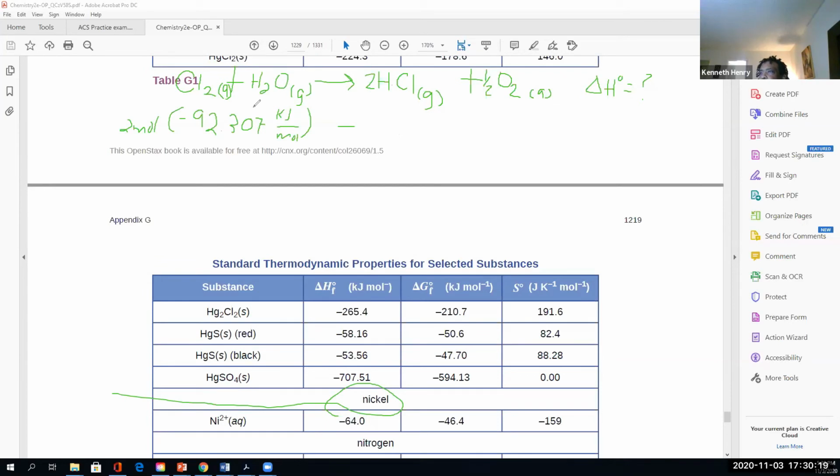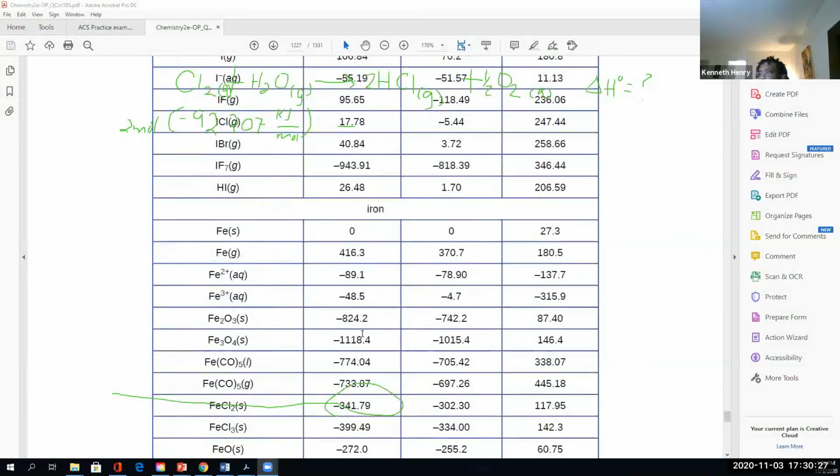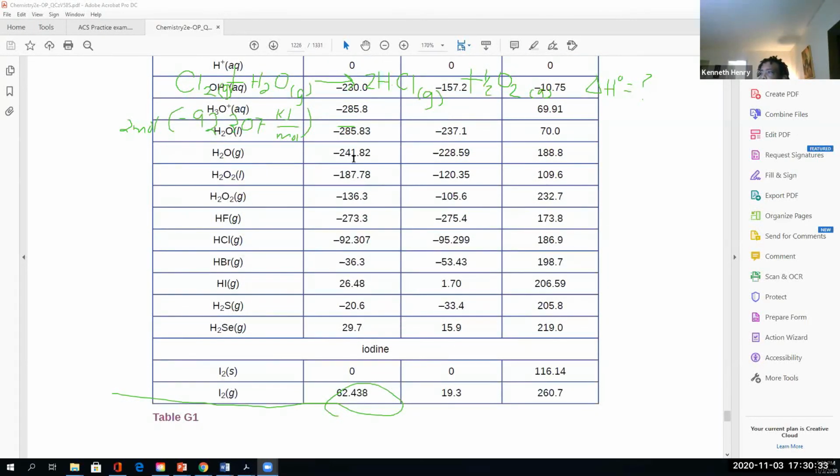So we minus our water, which I believe is negative 241.82. So how many waters? Just one. So 1 mole times negative 241.82 kJ per mole.